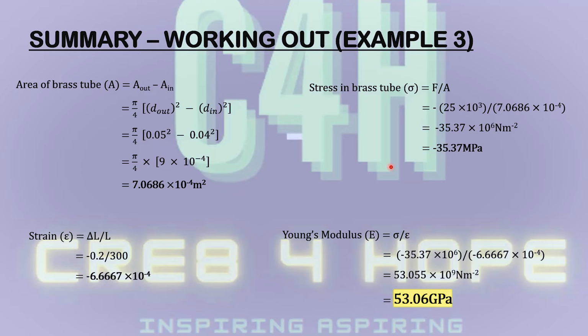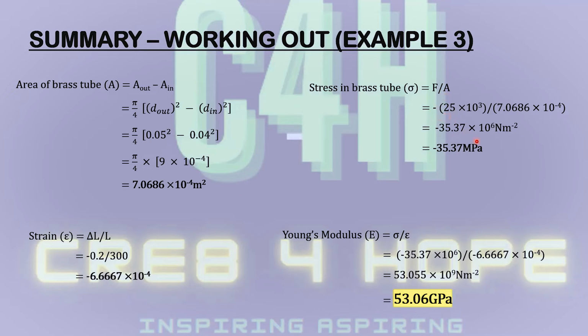So stress in the tube, sigma, is equal to F over A. As we've already pointed out, F is equal to the compressive force and A is equal to the cross-sectional area of the hollow brass tube.